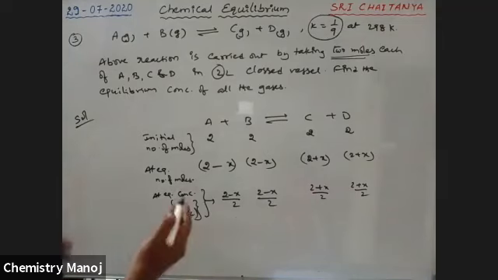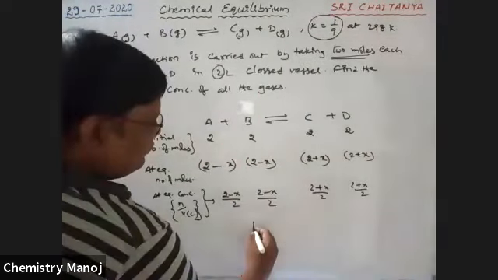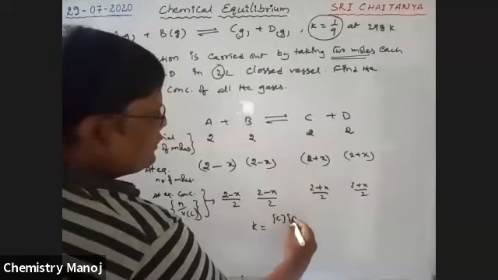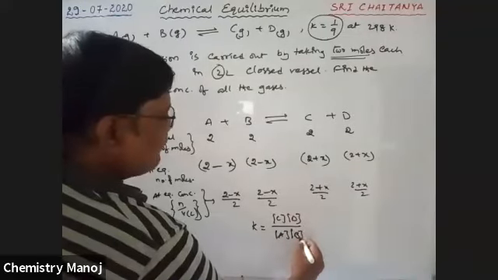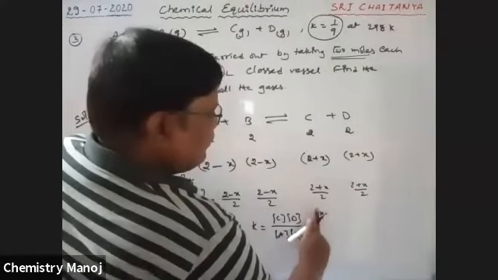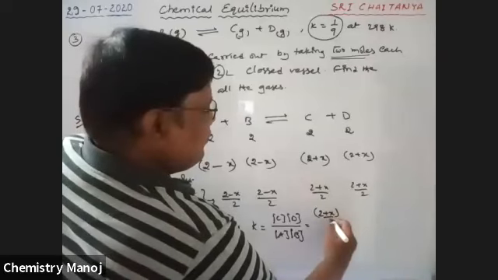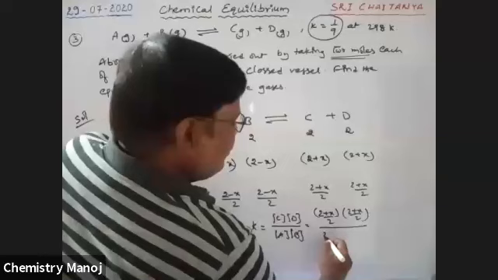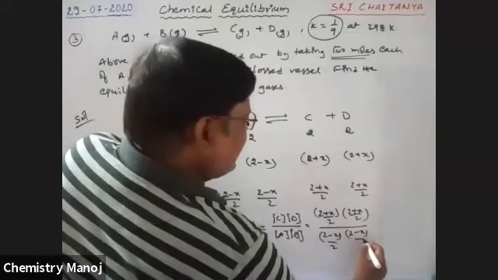Now, Kc, that is the K value, is given to you. K is equal to concentration of C into concentration of D by concentration of A into concentration of B. That is equal to (2 plus X by 2)(2 plus X by 2) by (2 minus X by 2)(2 minus X by 2).